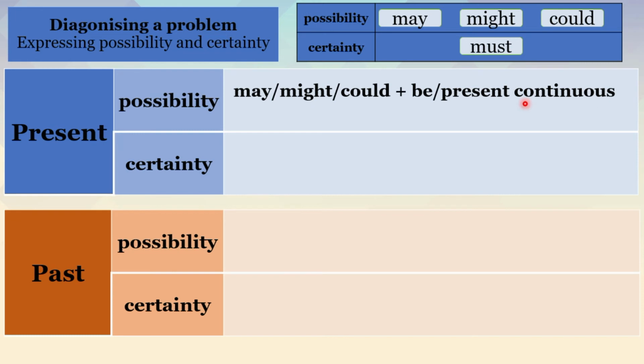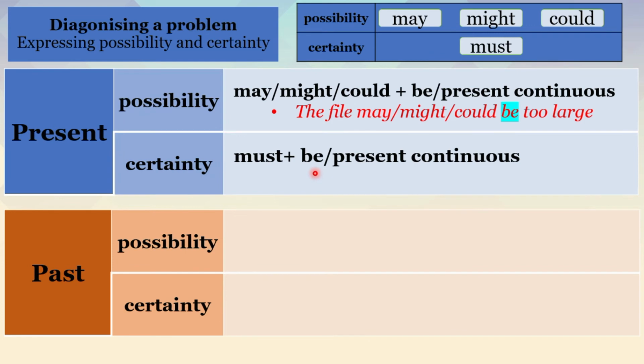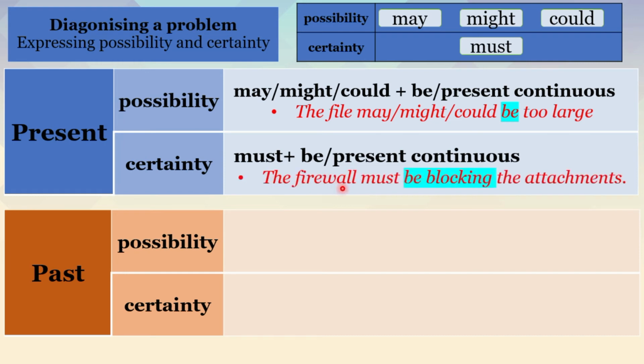For example, the file may, might, or could be too large. For the present certainty, we use must followed by be and the present continuous. For example, the firewall must be blocking the attachment.